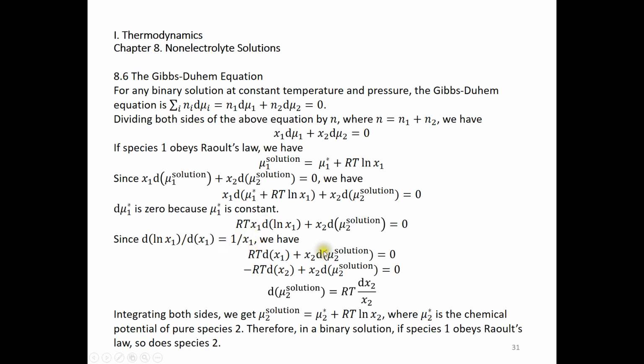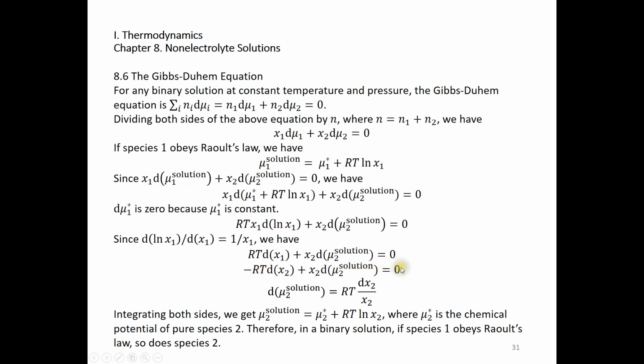And then we have this equation because you can see if we move things around, d ln x1 multiplied by x1 is dx1, so we have this equation. And now dx1 is negative dx2. Why is that? x1 plus x2 equals 1. So x1 is 1 minus x2. So the differential of x1 is negative dx2. So we have this equation.